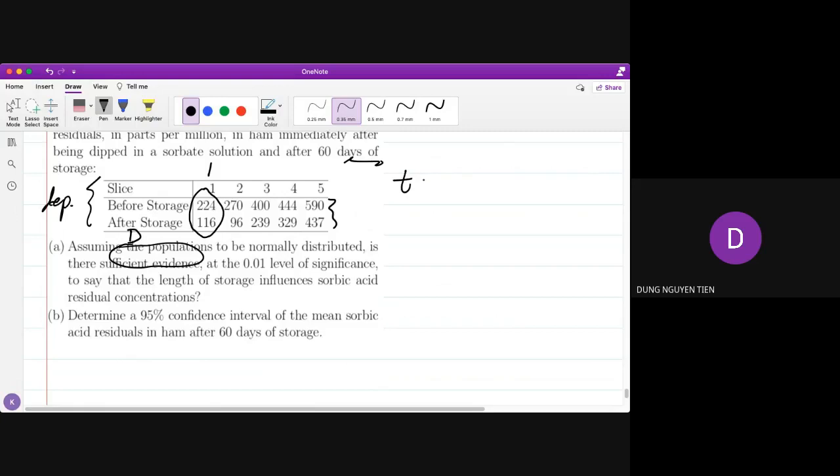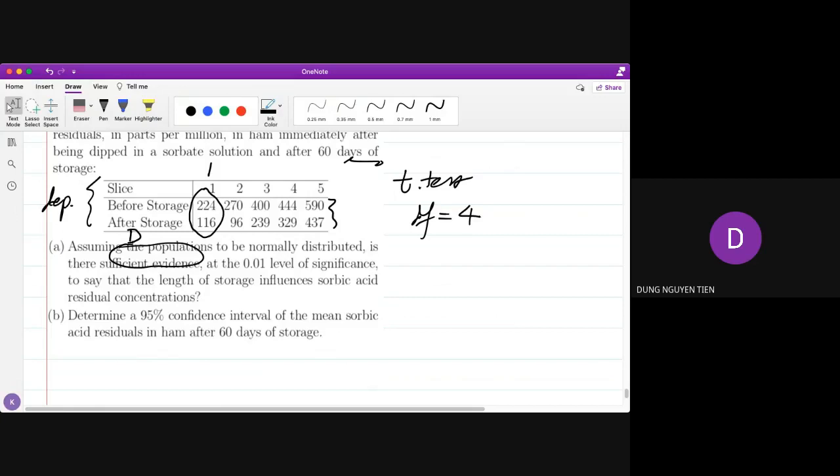Yes, I agree. But for this t-test, the degree of freedom is only 4 because there is only one sample after all. You have 5 observations, 5 values. They are the differences of these values. So you have only 5 values, and you have one sample with 5 values, and the degree of freedom is 4, and then you can perform the t-test.